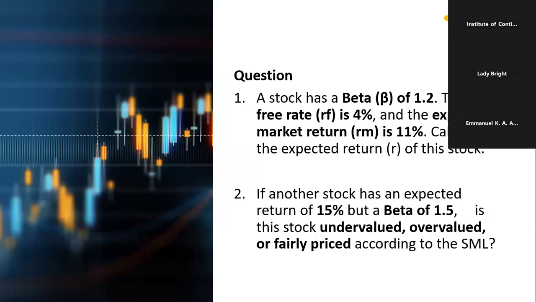And then question 2: if another stock has an expected return of 15% but a beta of 1.5, is the stock undervalued, overvalued, or fairly priced, according to CAPM or the Security Market Line? So let's do the first one, then we'll do the second one.